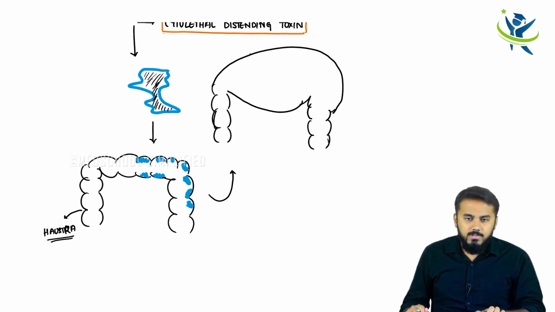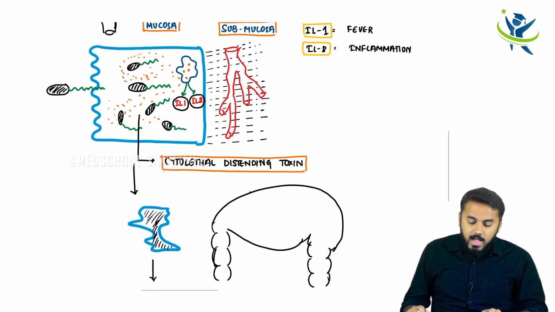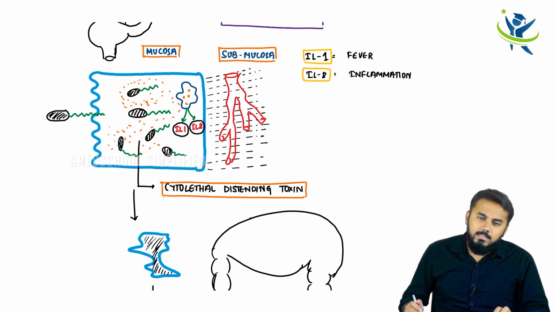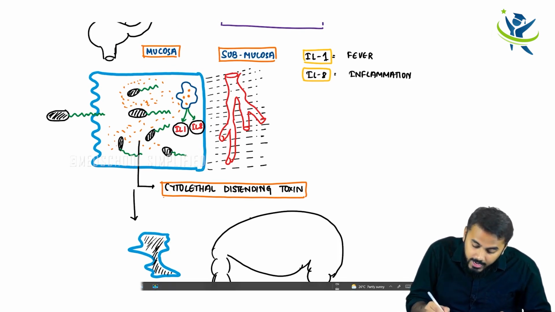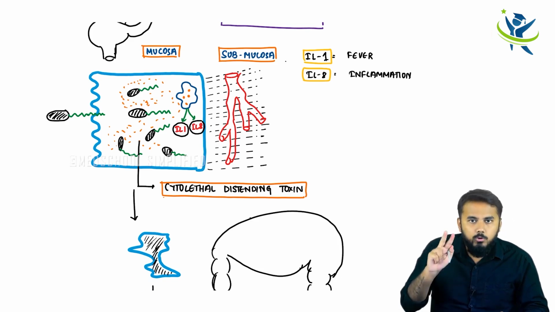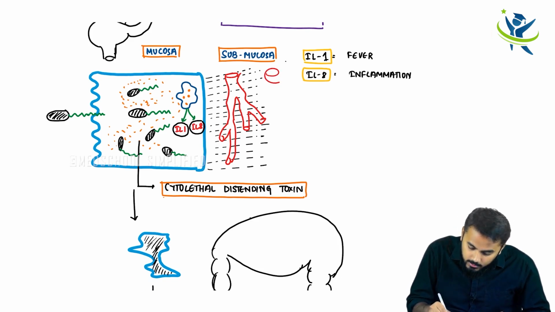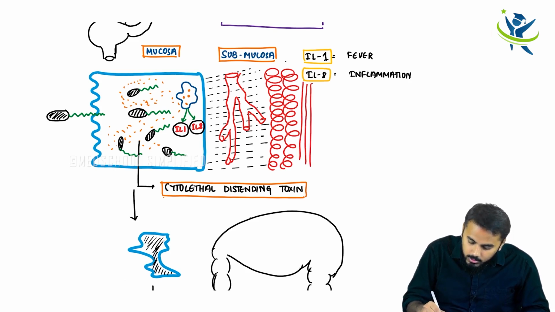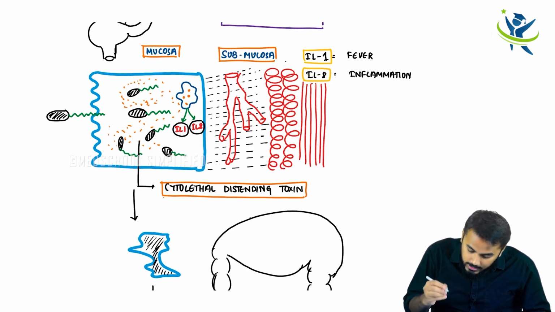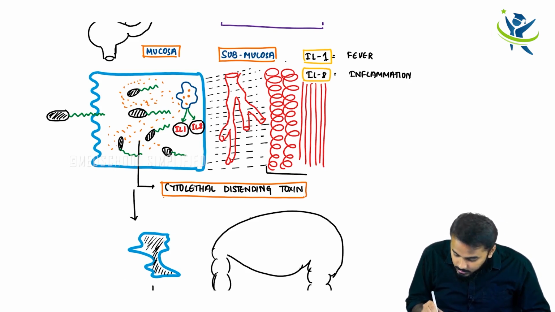Second reason is that after the submucosa, what is the next layer, guys? Muscularis, right? After submucosa, we have the muscle layers. I have two types of muscle layers. Look here. These muscles which I am drawing now are called circular muscles, and these muscles which I am drawing now are called longitudinal muscles.